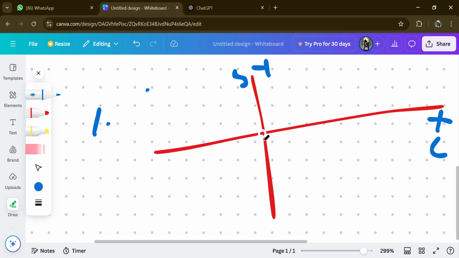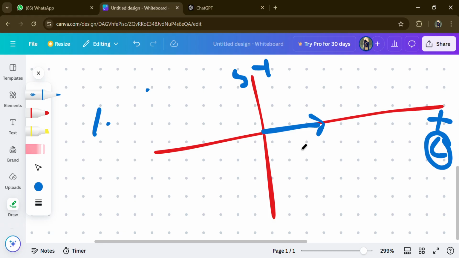Whenever an atom is moving in the cos theta direction, the motion of the atom or of the charge, it can be neutral, positive, or negative, depends upon the charge property.